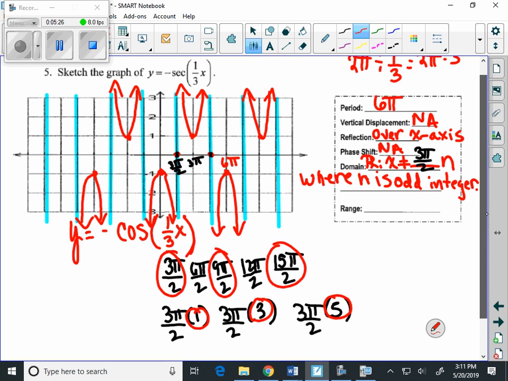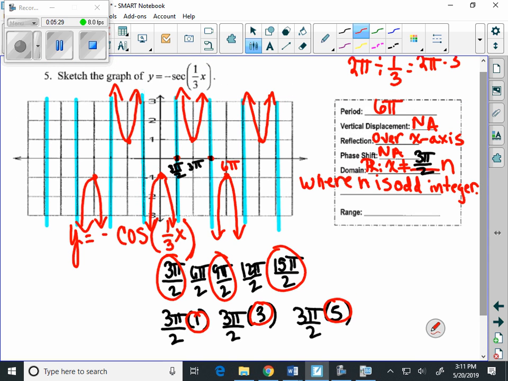And lastly, in terms of our range, we go from negative infinity to negative 1, and we're going to join that with 1 to infinity.